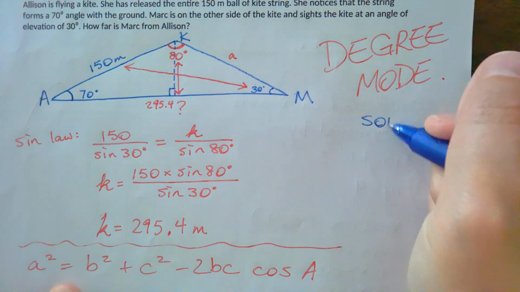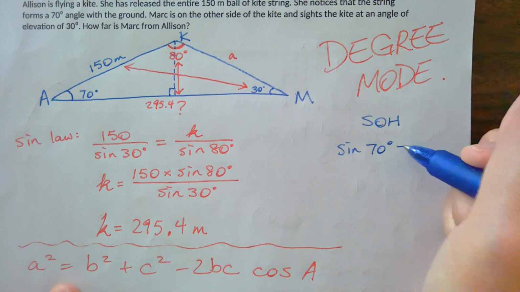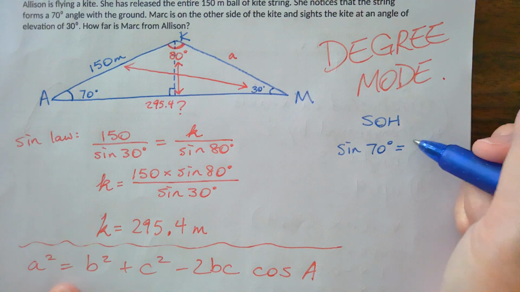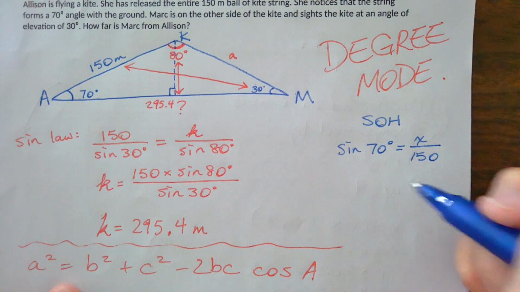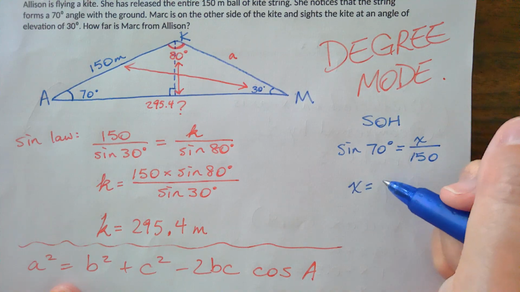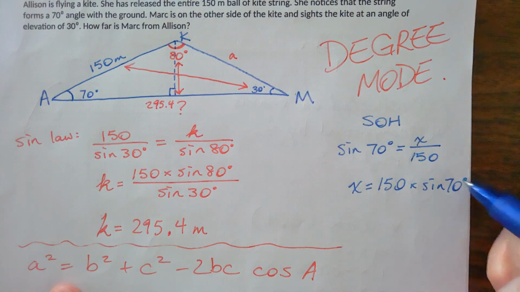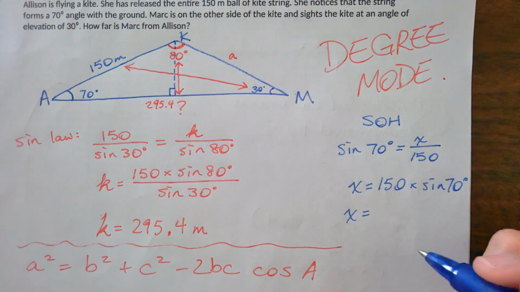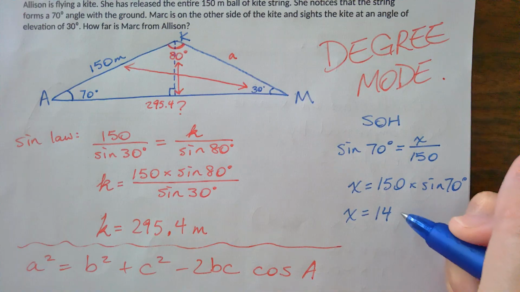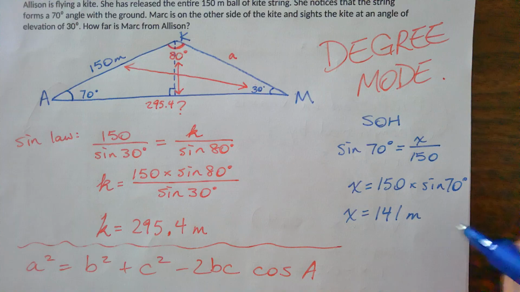So sine 70 degrees equals opposite over hypotenuse, which is 150. So x equals 150 times sine 70. That means the kite is 141 meters above ground.